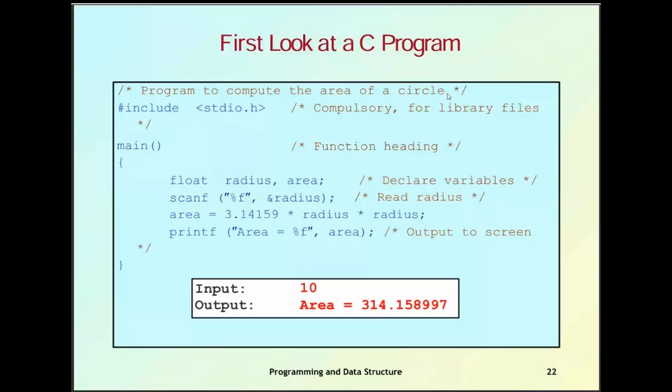Now what is special about this line? This particular line is between these two entities, slash star and star slash. So whatever you write between these will be considered as a comment. What is special about the comment?